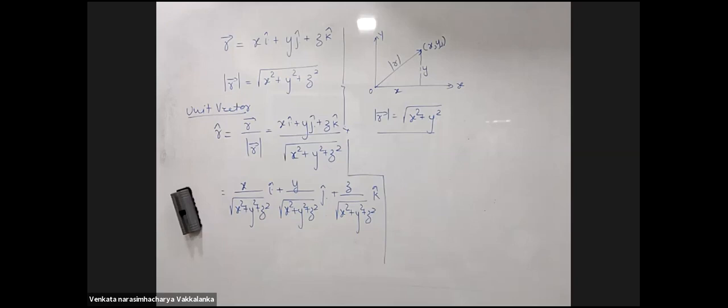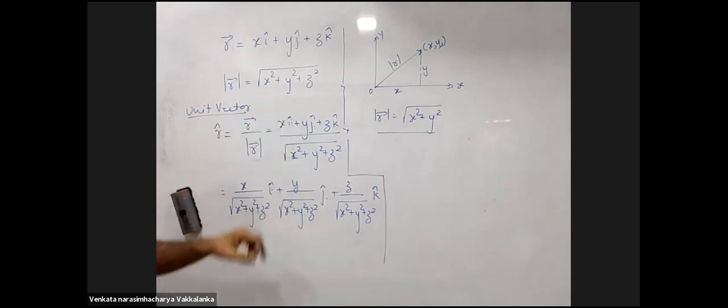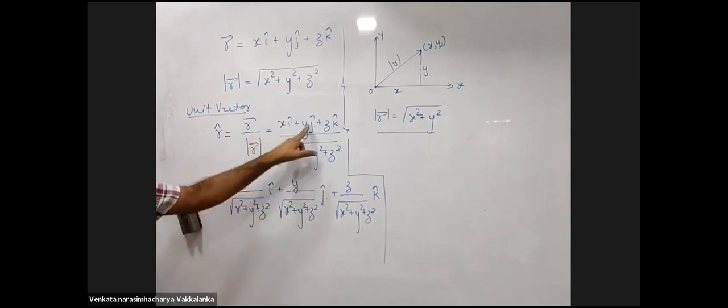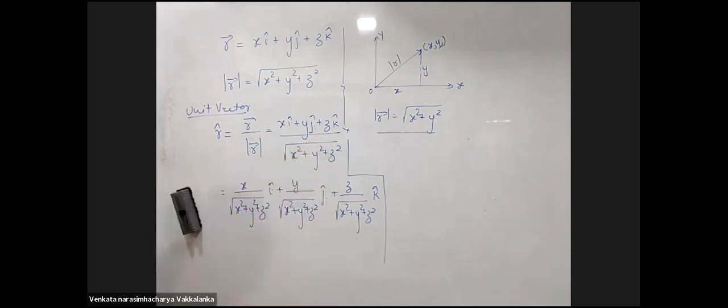So what was the second equation? Because of network issue I didn't hear that. Which one, the below one? Are you speaking about this? No, the third one, the last. I have written it in this form: x divided by this i cap, y divided by this j cap, z divided by this k cap.